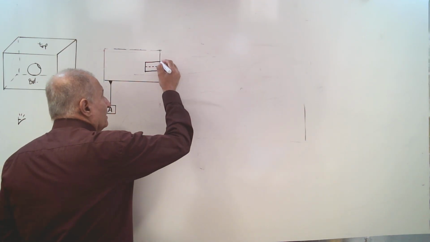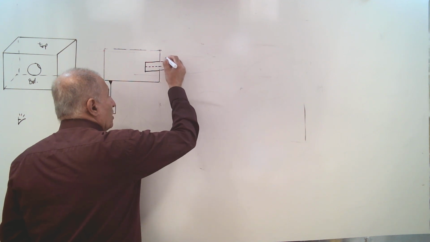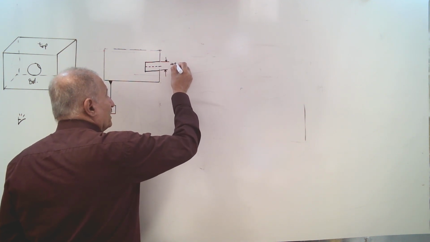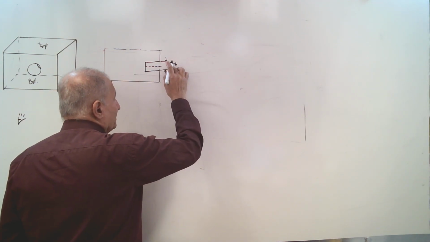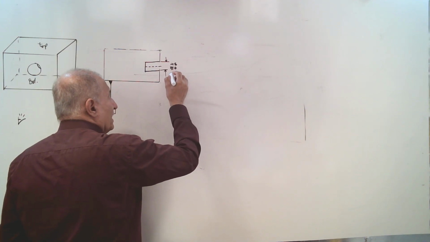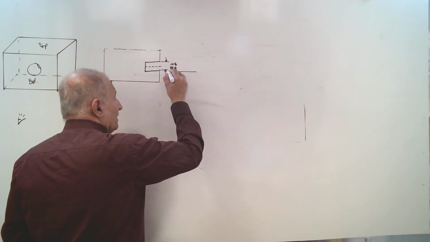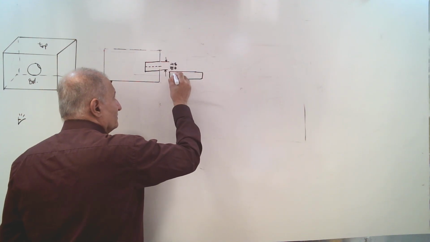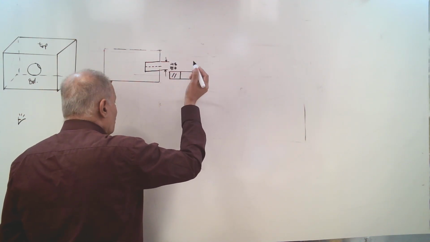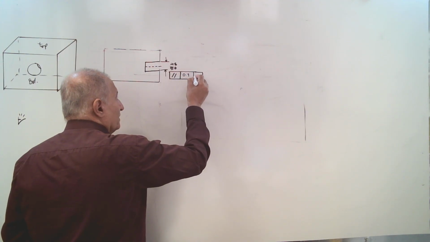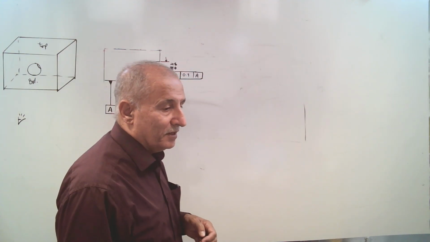If we get the size of this feature, for example, 4.83, 4.8, 4.6, and then apply a parallelism tolerance here. No phi modifier here, 0.1 with respect to datum A.